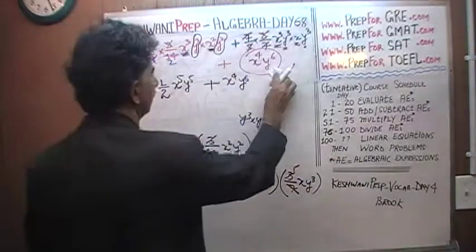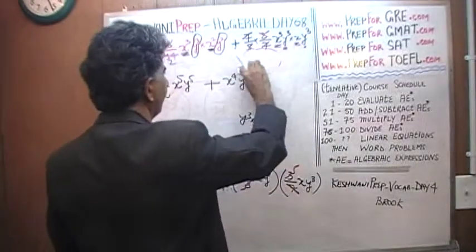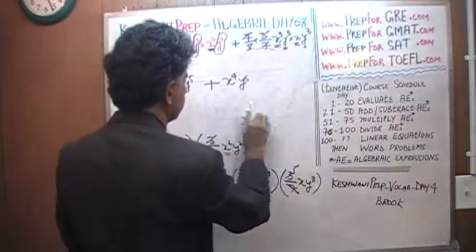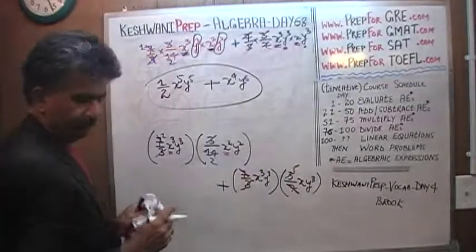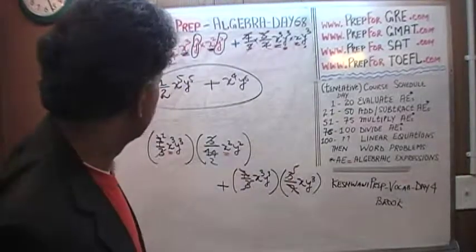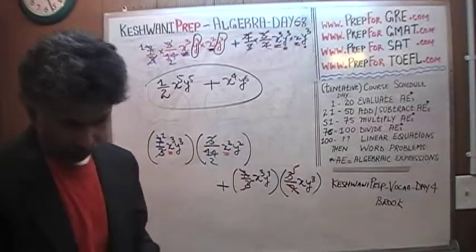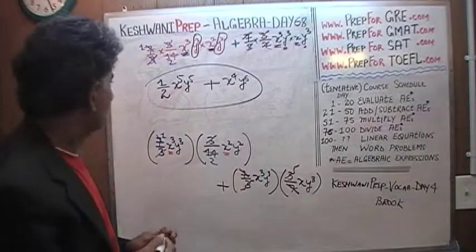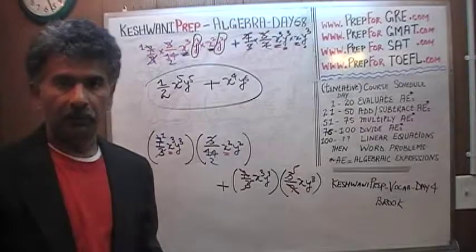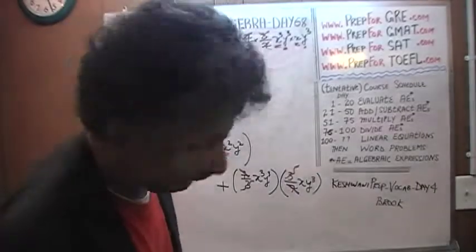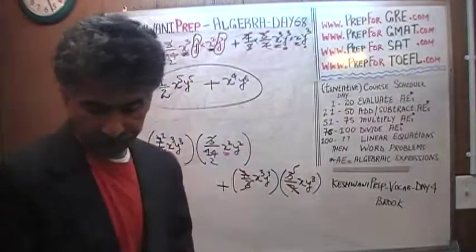That's our final answer. That is the answer to the whole thing: 1/2 x to the 5th y to the 5th plus x to the 4th y to the 6th. That's it. That's your answer.